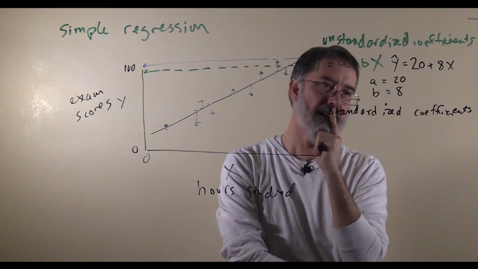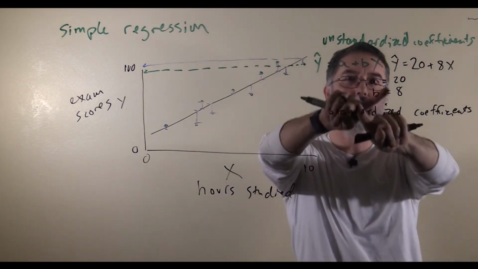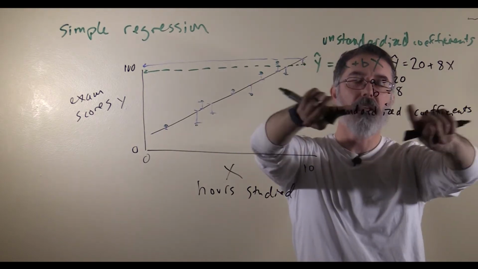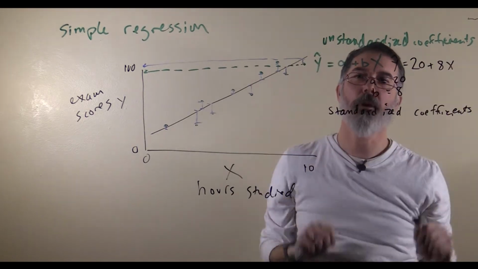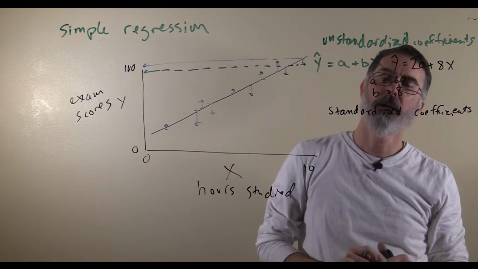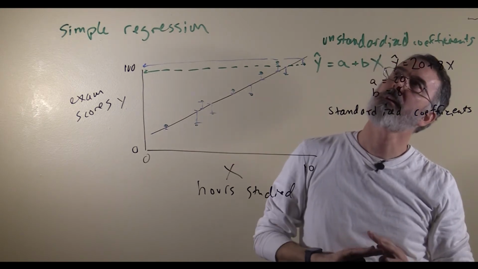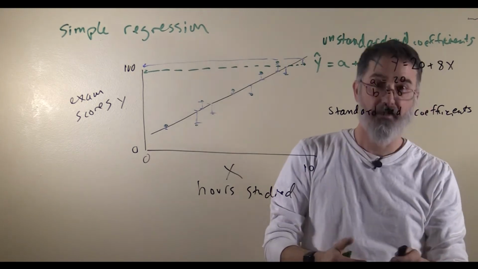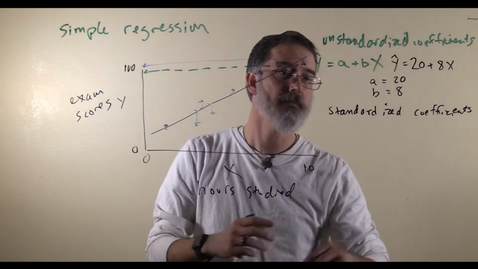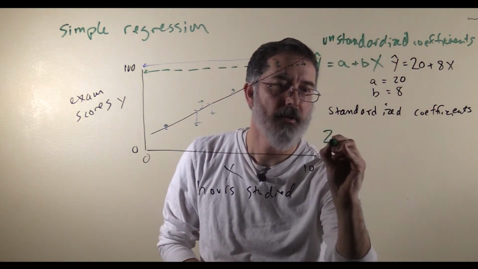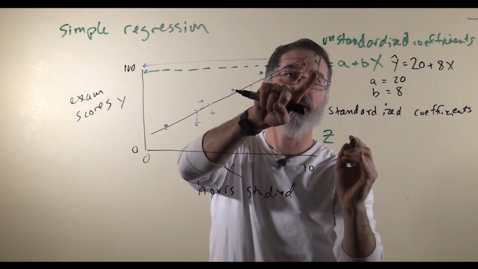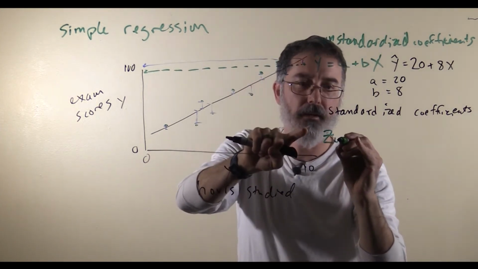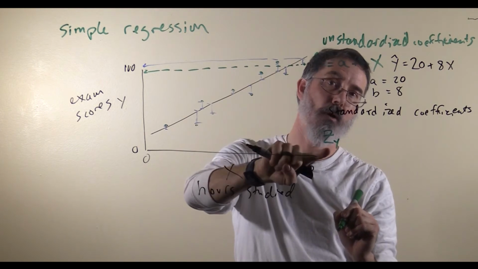But really these standardized coefficients are another way of looking at this exact same equation, this exact same data, but it's a little bit more a general approach, I would say. Right, so for these standardized coefficients, you don't actually predict the y-score. Instead, you predict the z-score for y.